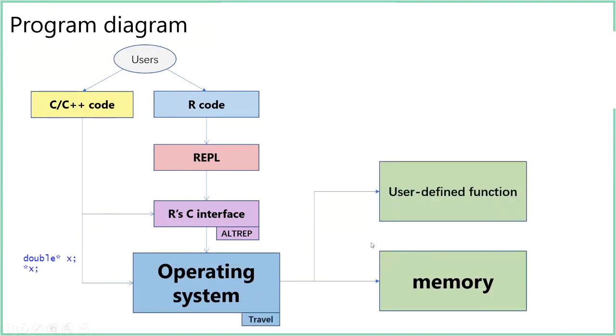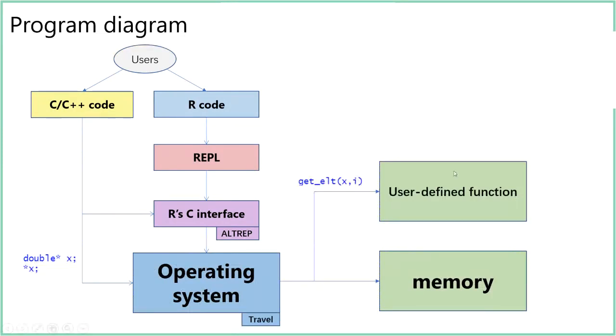It is a plugin for the operating system, and it is able to make a pointer so that the operating system will dispatch the data access request to the user-defined function. Let's assume that X is a Travel-made pointer, and then if you ask for the data from the pointer, conceptually the operating system can call the get element function to get the data for X. So that's the concept of the Travel package.